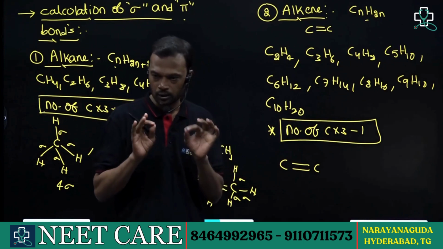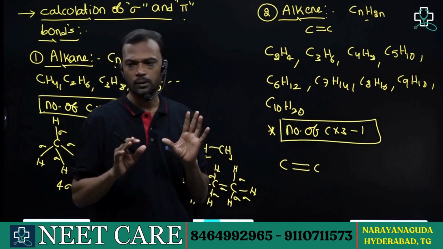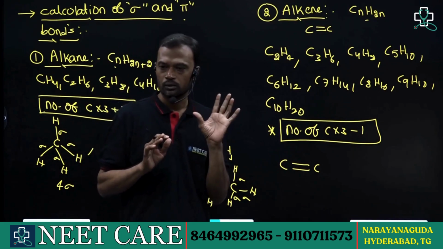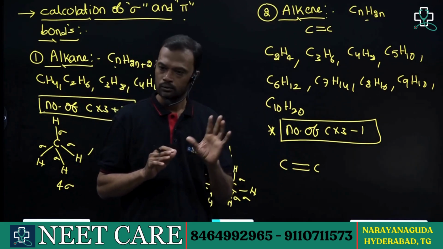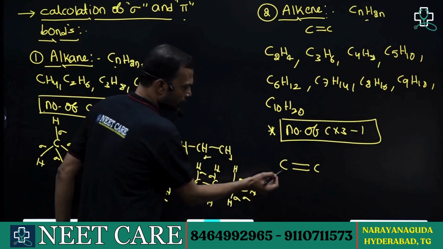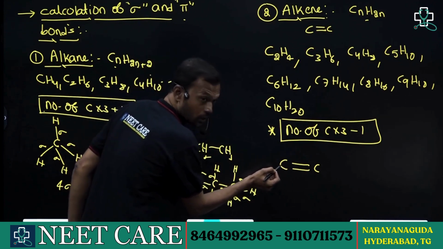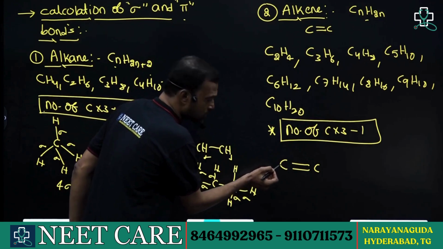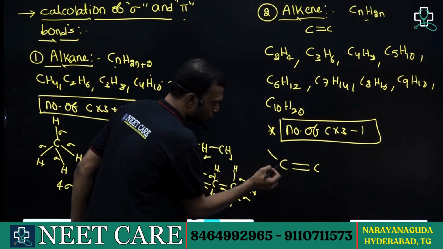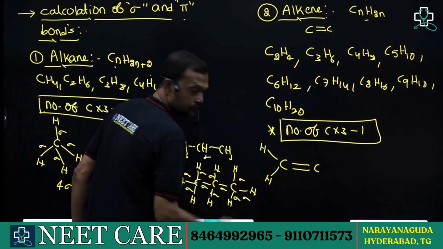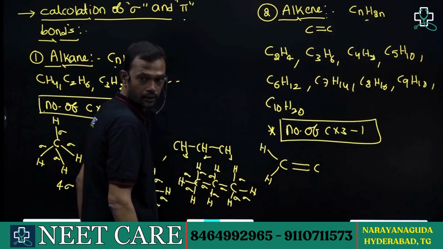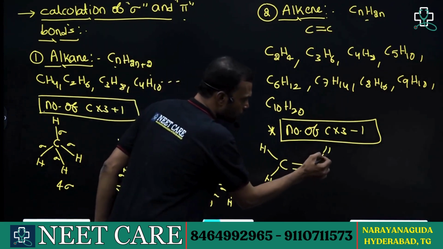Anywhere if carbon comes, what is the maximum number of bonds around carbon? 4. Now see, already I have written 2 bonds for this carbon. Then how many bonds can I create around this carbon? 2. So can I write hydrogen and hydrogen? Now here also I can write one hydrogen and here one hydrogen.